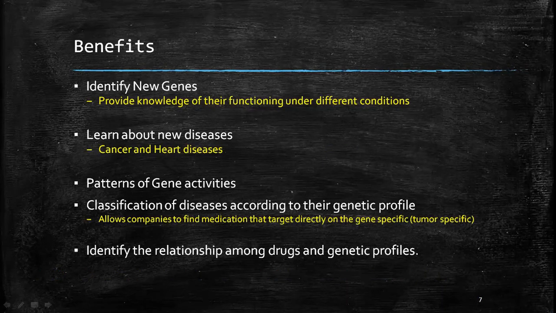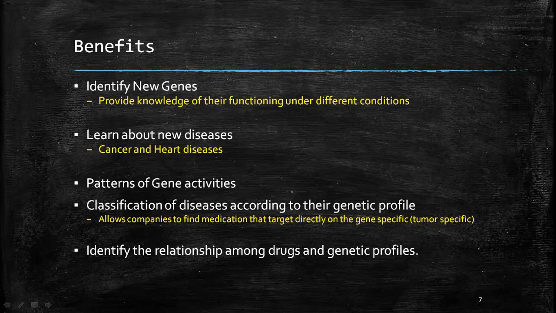there are a number of fields that are getting benefits from the developments in statistical bioinformatics. This includes identifying new genes and providing knowledge of their functioning under different conditions. Learn about new diseases, such as cancer and heart diseases.